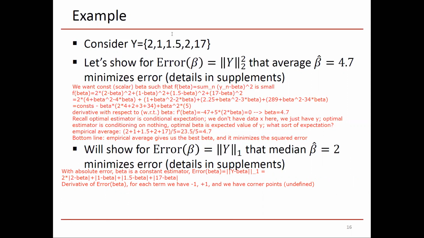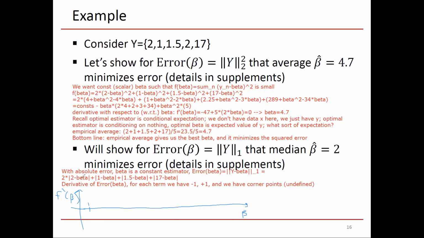So let's plot. The horizontal axis will be beta, and the vertical axis will be the derivative, f prime of beta, and the smallest number is 1. So below the number 1, let's look at all these things. So 2 minus beta, as beta is increasing, is going down.